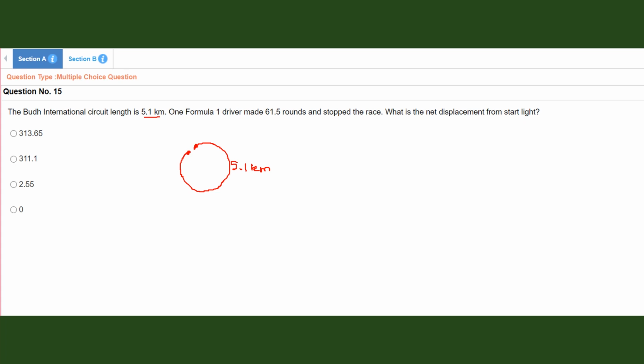We know displacement means the distance between the starting point and the final point, and if the driver finishes the race over here, there is not really a distance left between them, and the start point and the final point are the same, so the net displacement will be 0. Option number D is the correct one.